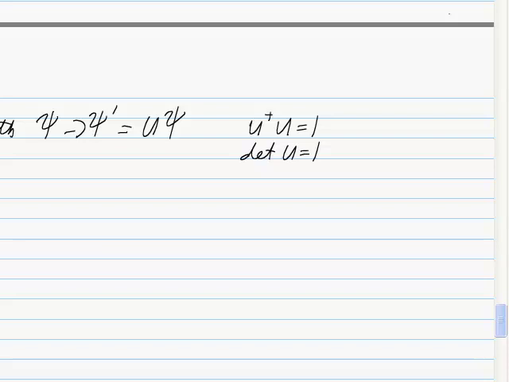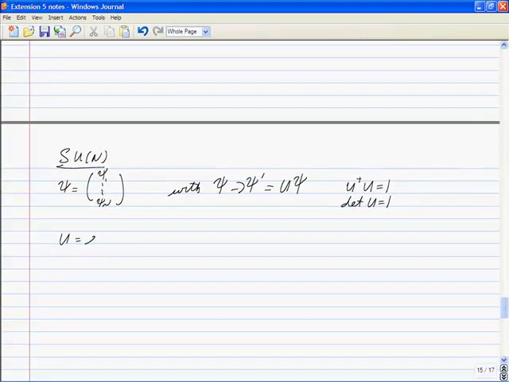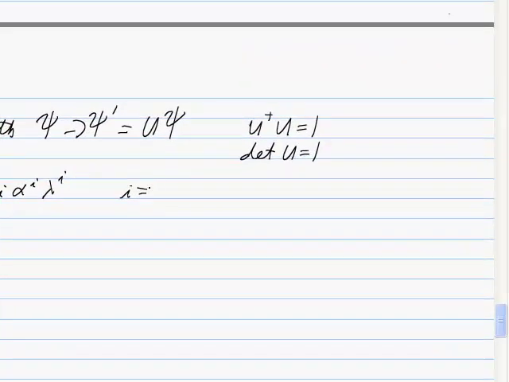If we ever need to write it, we write it as e to the minus i alpha dot lambda, where the dot product means alpha i lambda i, with i running from 1 up to n squared minus 1.